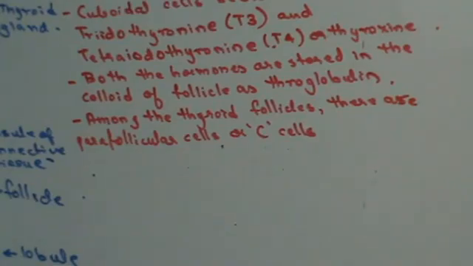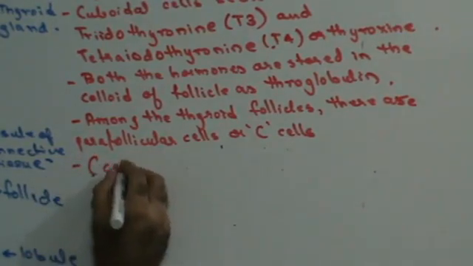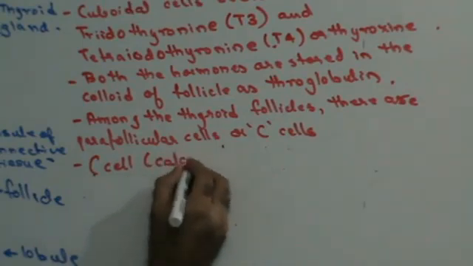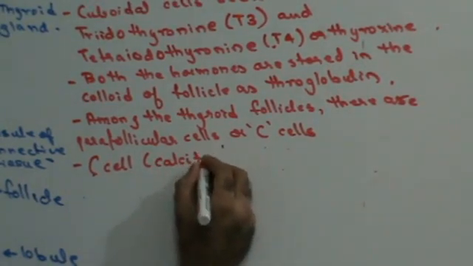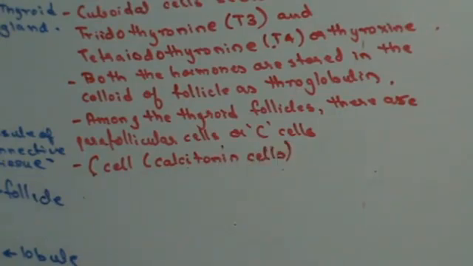Right? Now, why are they called C cells? They are nothing but calcitonin cells. That's why C cells.